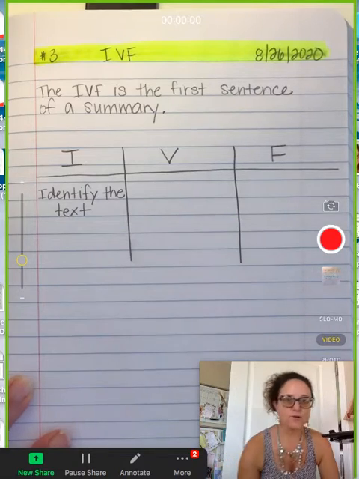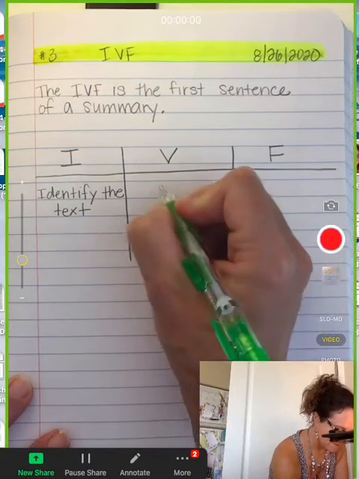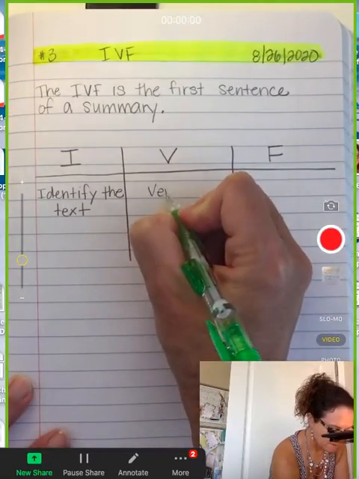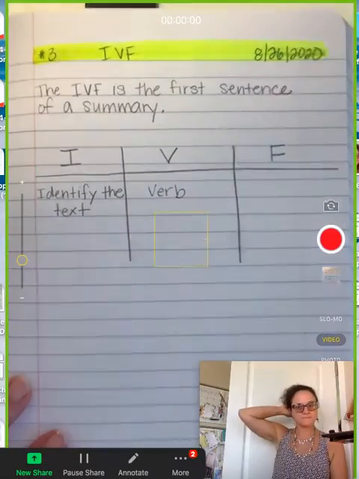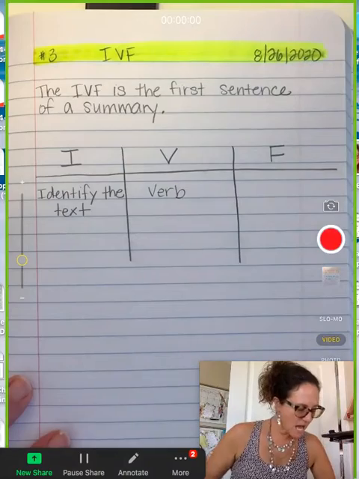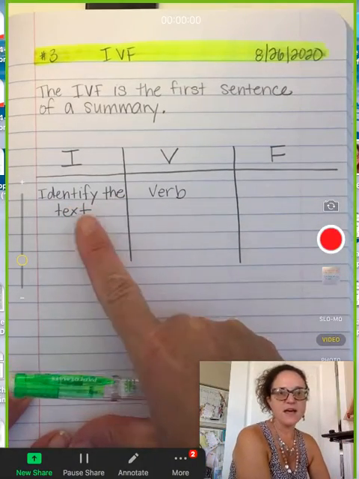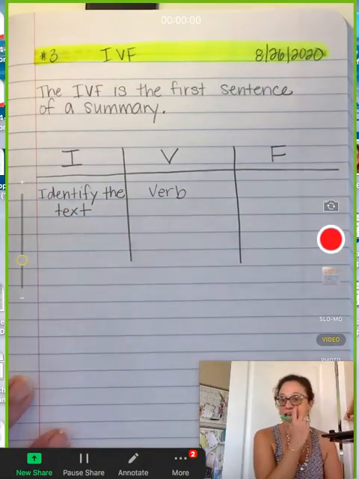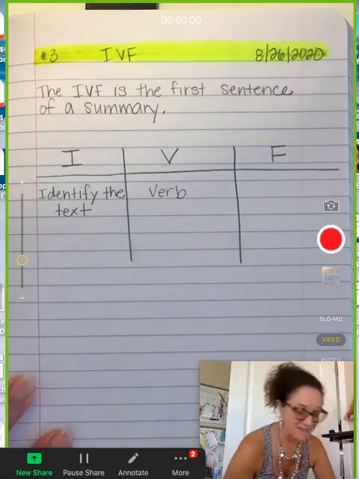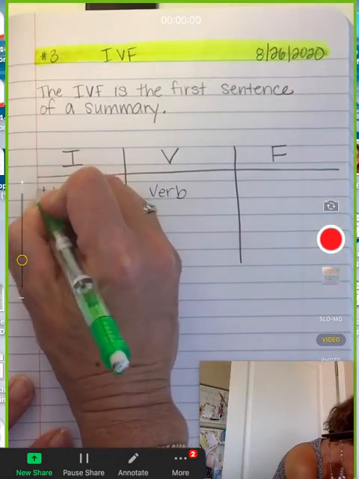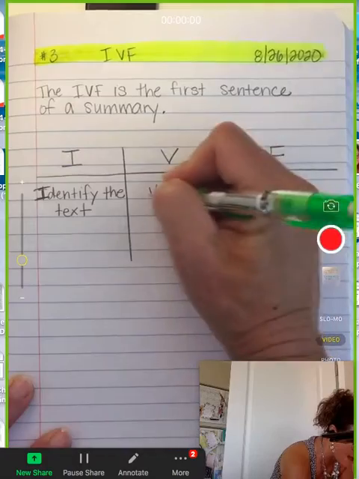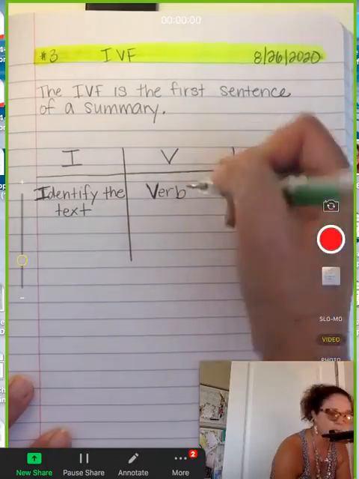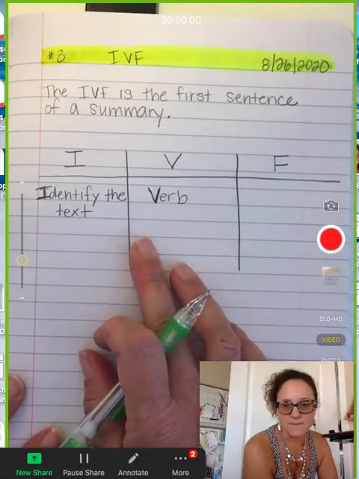V is verb. I is identify the text. So it's kind of like an acrostic poem, only upside down. So first we have identify, that's the I. And then we have the verb, that's the V.